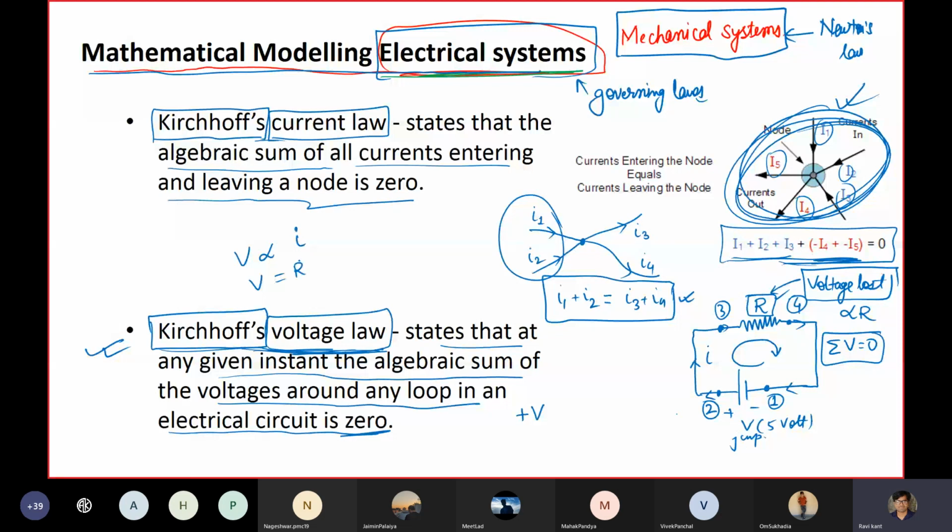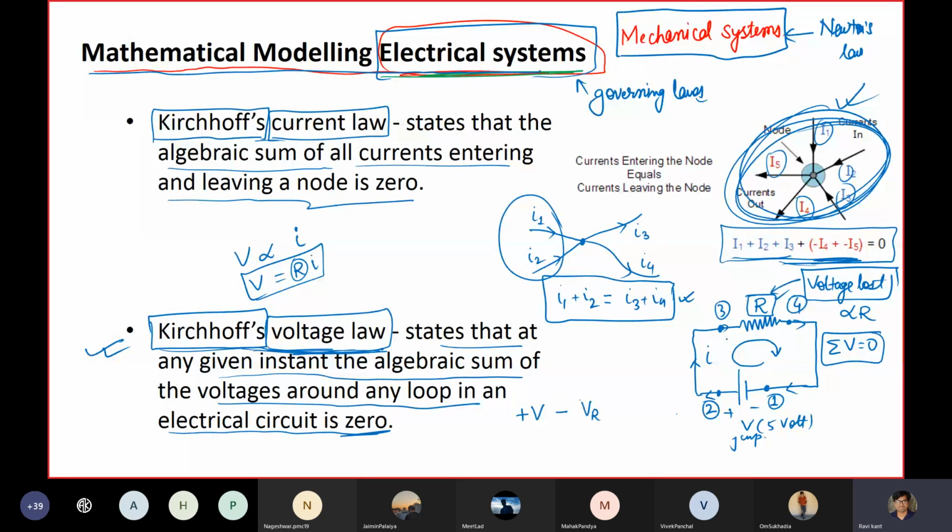We know that voltage will be lost across the resistance, that is what it is meant for. So the loss is minus I times R, or minus the voltage across the resistance, and there are no other components.